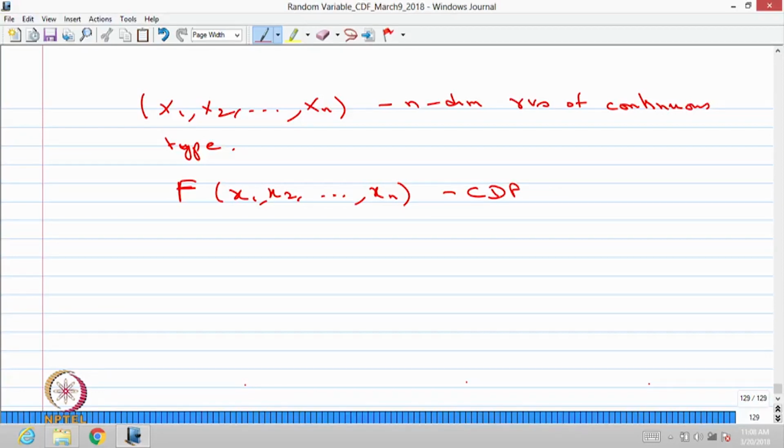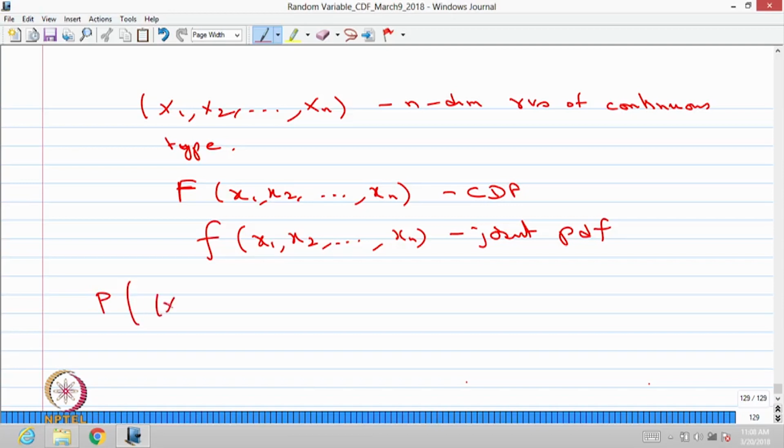We have the joint probability density function with the n variables x1, x2 and so on. This is a joint probability density function.